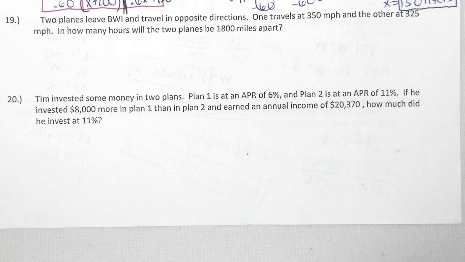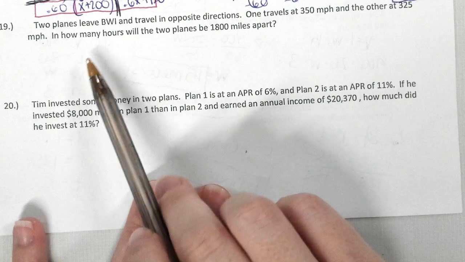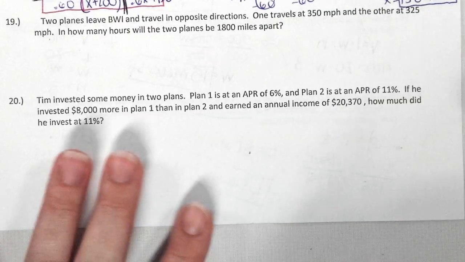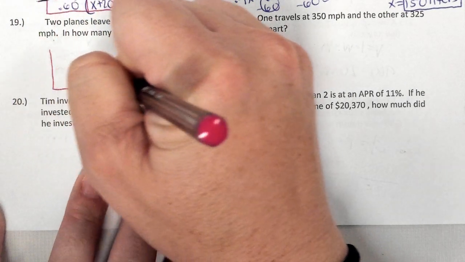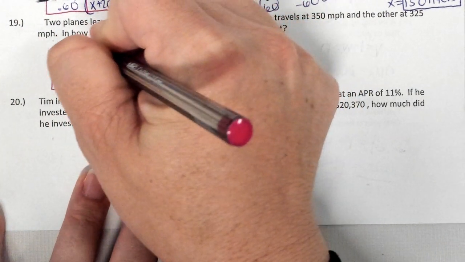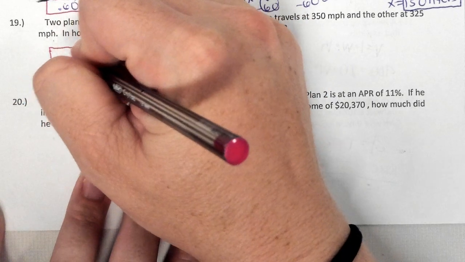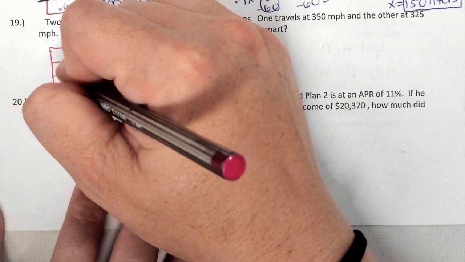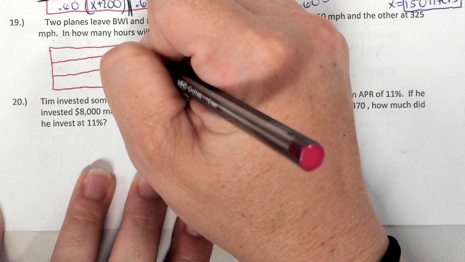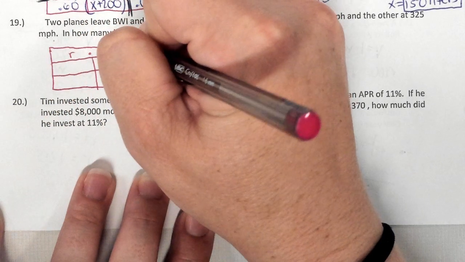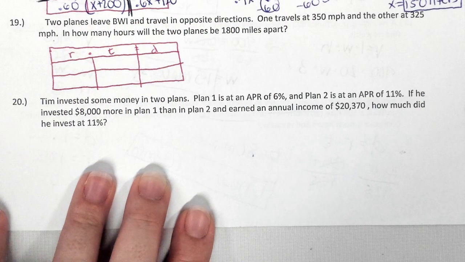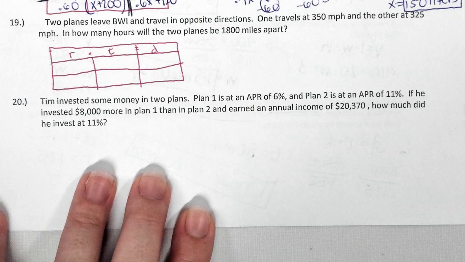Okay, number 19. It says 2 planes leave BWI and travel in opposite directions. So right away I know that I'm dealing with motion, and I'm going to draw my motion table. Okay, and then I know that 2 planes are leaving.